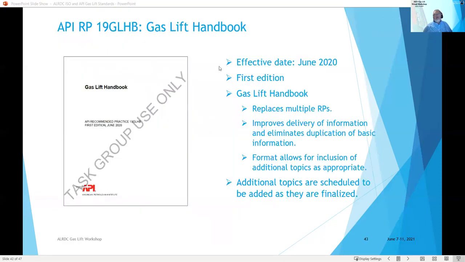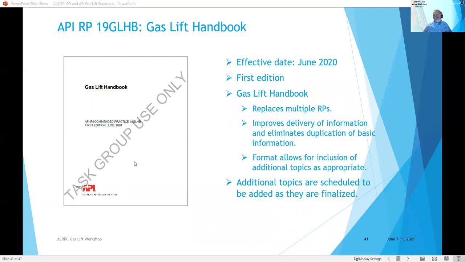So in June of 2020, the 19G Gas Lift Handbook has been released. This Gas Lift Handbook basically replaces the multiple recommended practices that were under the 19G banner. It improves the delivery of information and eliminates duplication of basic information.